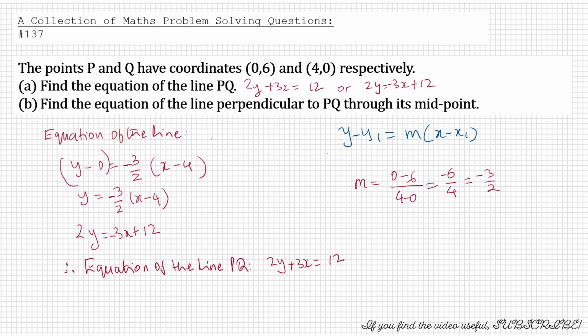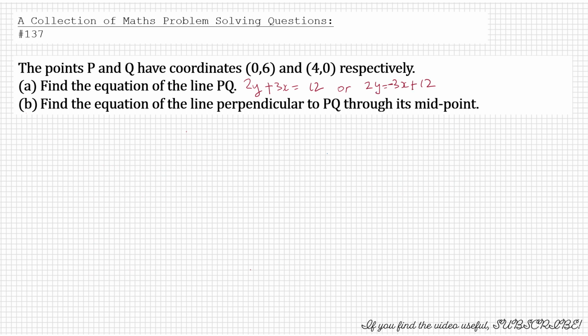We can also write it another way, bringing the 3x to the left side. You can choose a format, but essentially that is the equation of the line.